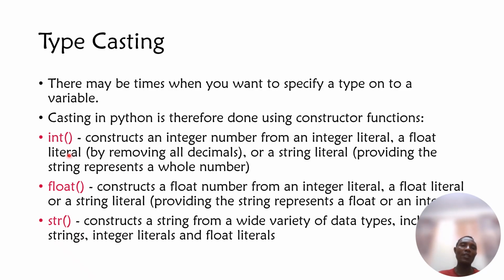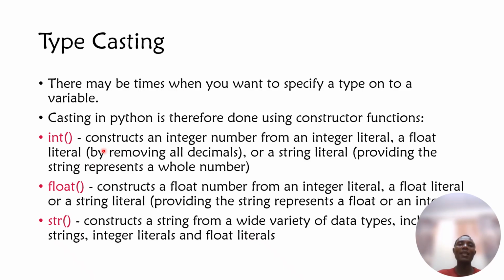In this case, int constructs an integer, float constructs a float number, str constructs a string. Since we said that in Python, when we're declaring a variable, we first of all assign a value and we don't explicitly assign its data type, if you want to assign its data type, then you can use what we call casting.